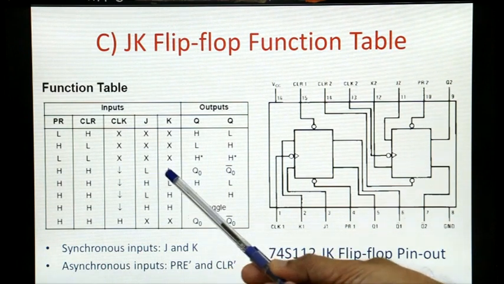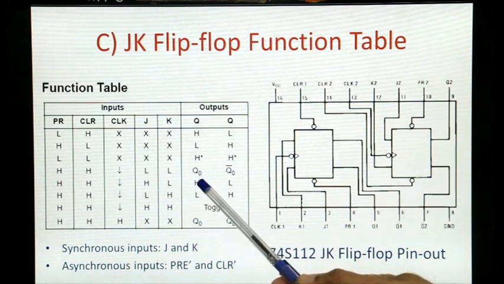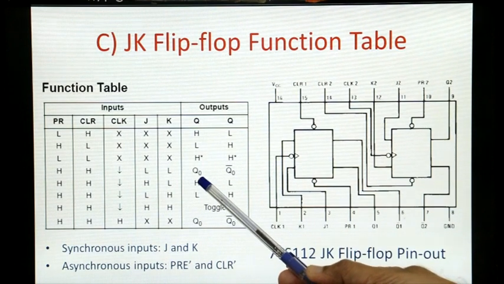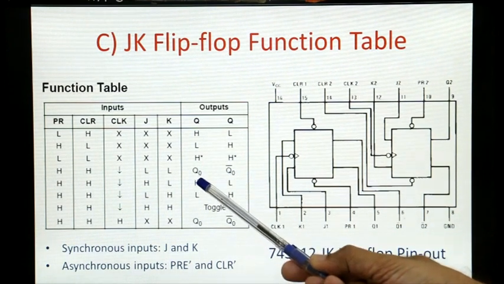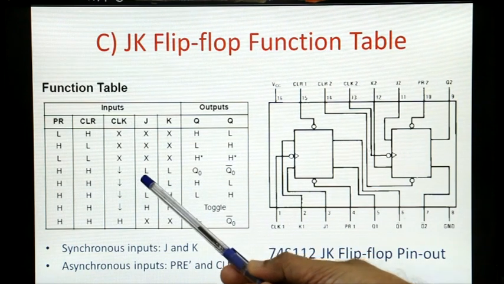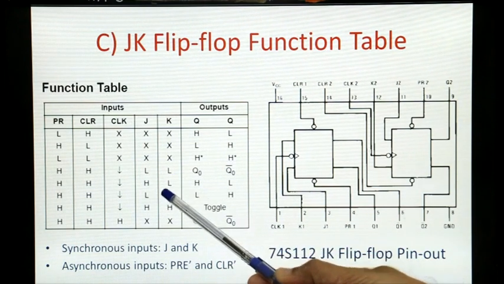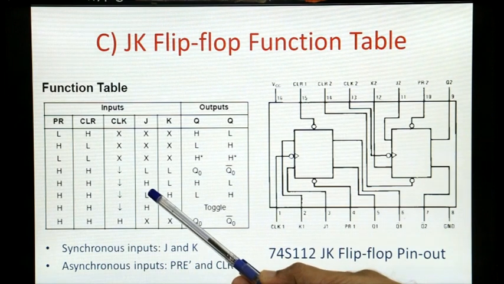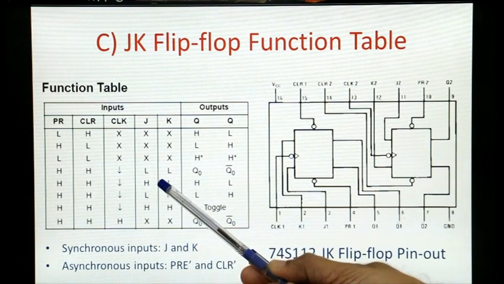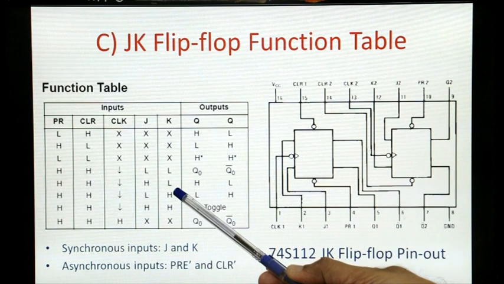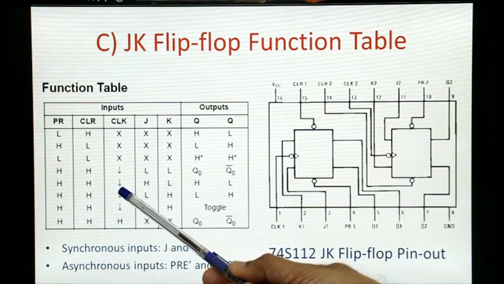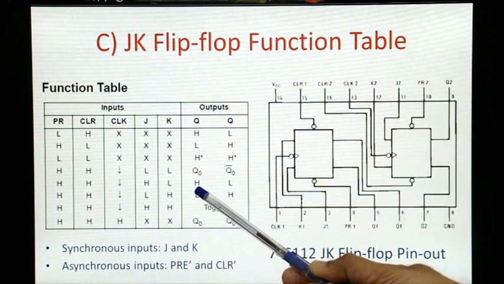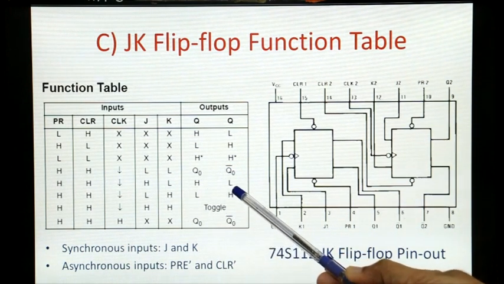If J and K are both low, the notation used in the data sheet is Q naught bar, meaning whatever state it was in will continue, a kind of hold state. Now when J is high and K is low, at the next clock transition, the high to low transition, you would see that Q will go high and Q bar will be low.